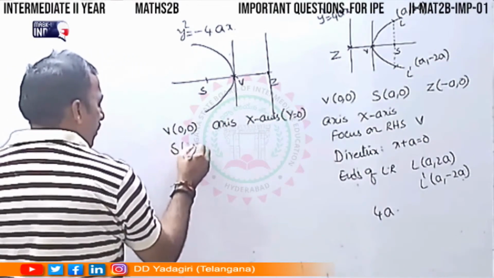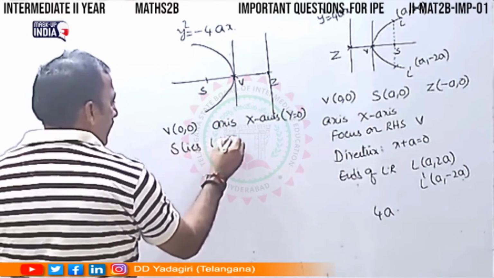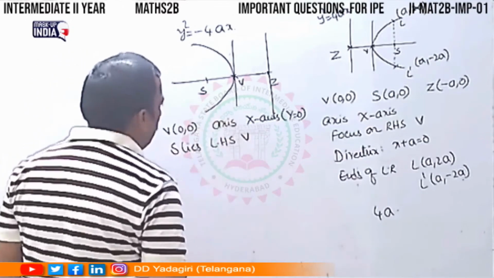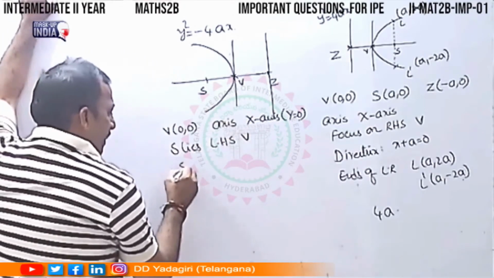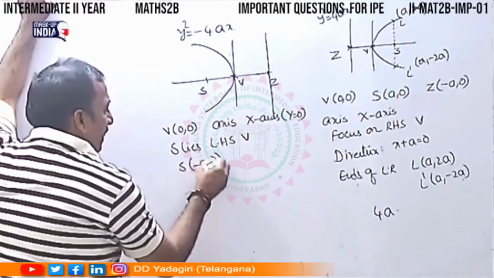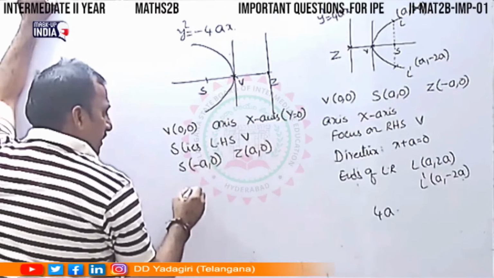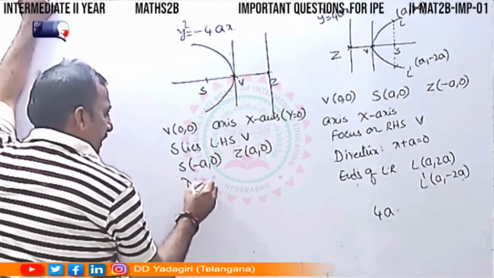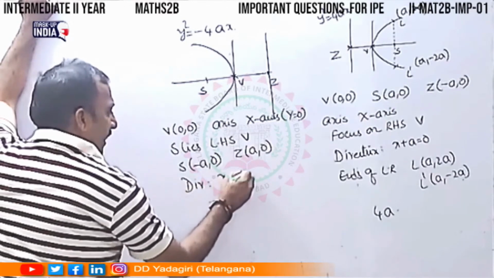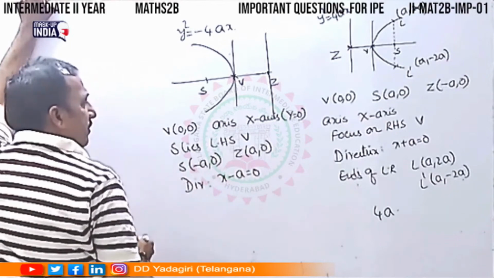Focus lies on the left hand side of the vertex. Focus is (minus a, 0). Z is (a, 0). Directrix: x minus a is equal to 0.